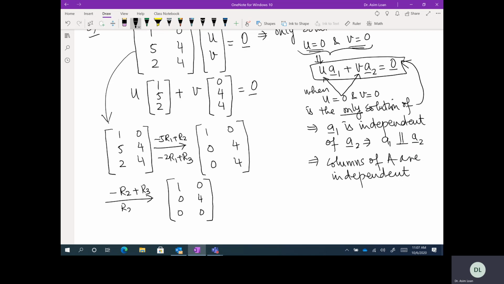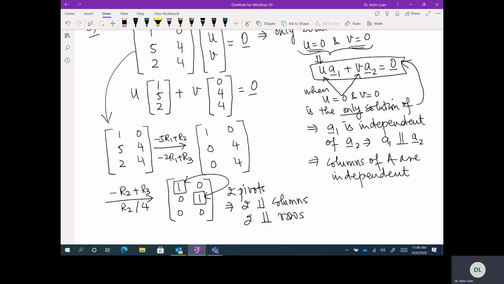And if I do row 2 by 4, then this 4 goes away and I have 1 over here. So this is a pivot, this is a pivot. So you have two pivots. This implies two independent columns or two independent rows.